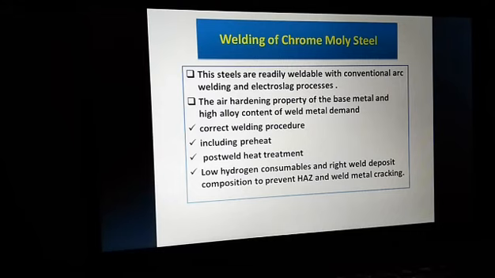The air hardening property of the base metal and high alloy content of weld metal demand correct welding procedure including preheat, post weld heat treatment, low hydrogen consumables and right weld deposit composition to prevent heat affected zone and weld metal cracking.